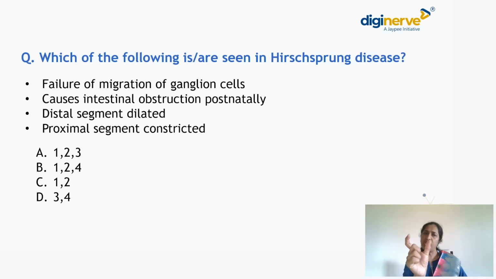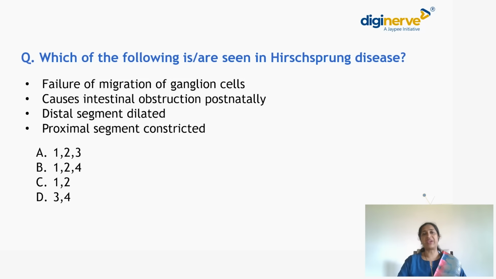In a short segment, only for a small segment there is no ganglion. In an intermediate segment of colon, there is a long area where it is not there, but still there is good enough intestine where the ganglions are present. And in whole colonic aganglionosis, there is no ganglion anywhere in the colon. Colonic peristalsis does not happen.